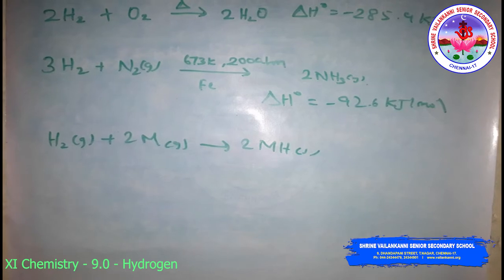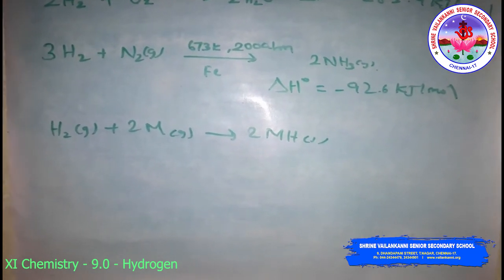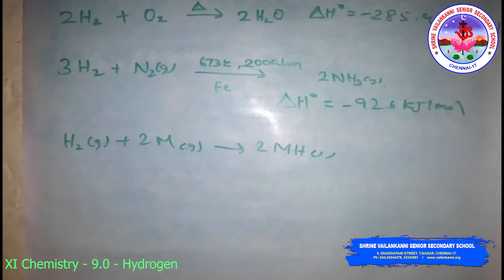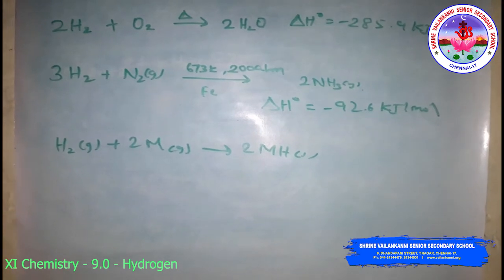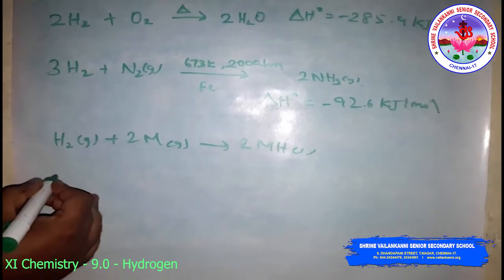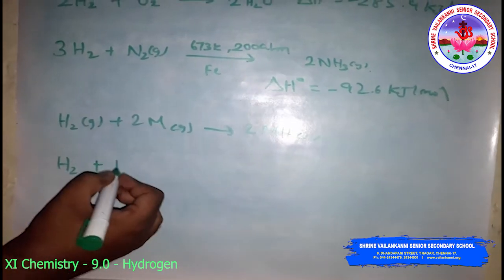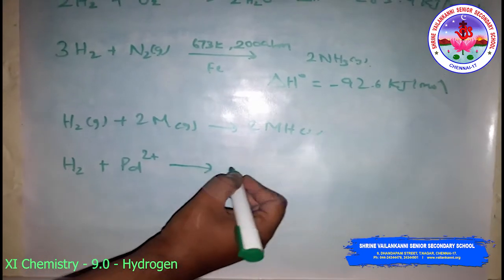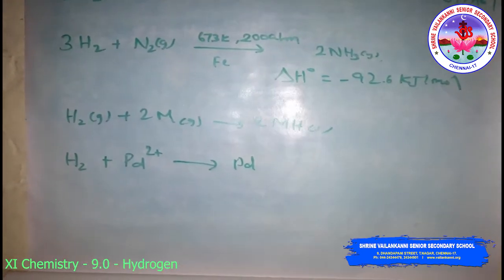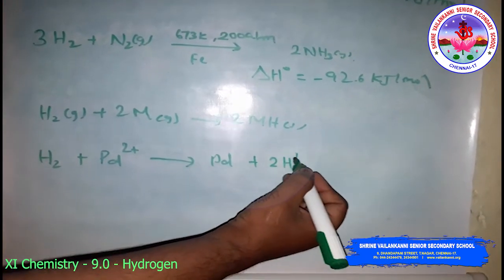Then the reaction with metal ions and metal oxides reduces some metal ions in aqueous solution. For example, hydrogen reacts with palladium 2 plus aqueous to give palladium metal solid and 2H plus aqueous.